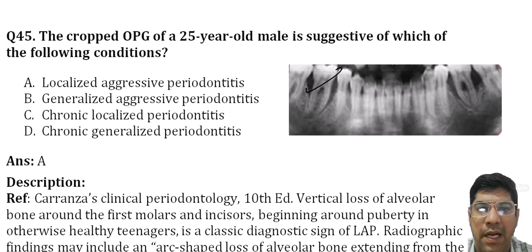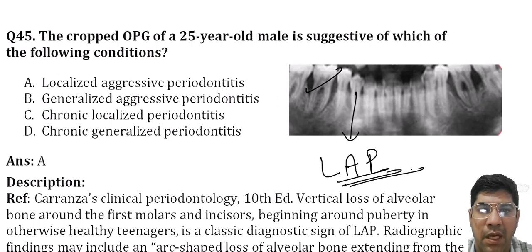It is a characteristic diagnostic feature of localized aggressive periodontitis. So in the radiograph you will see an arch-shaped loss of alveolar bone extending from the distal surface of the second premolar to the mesial surface of the second molar.